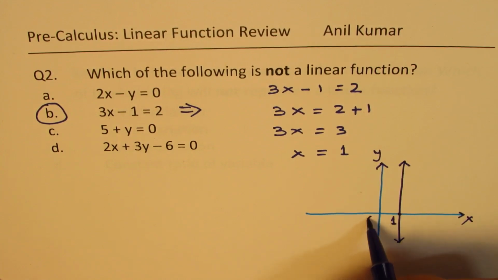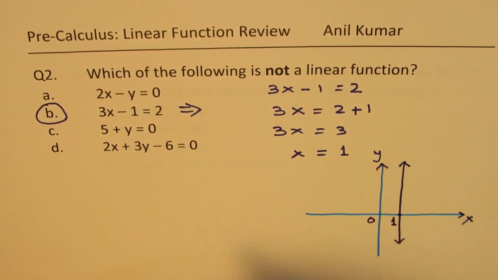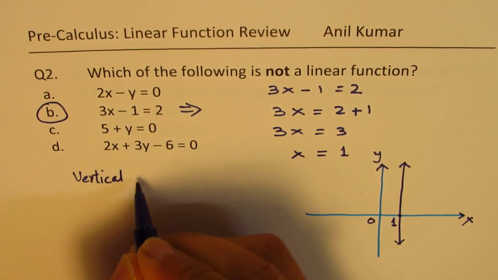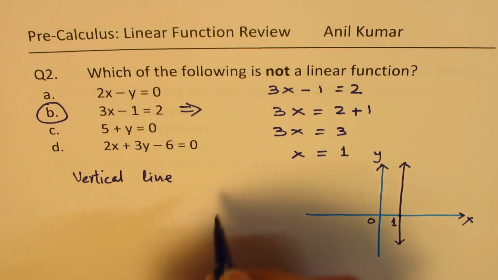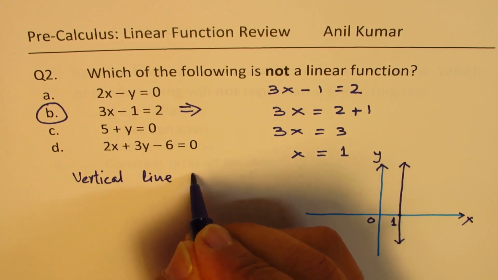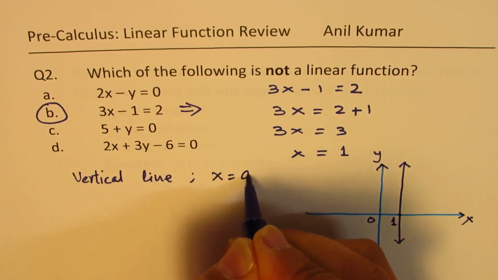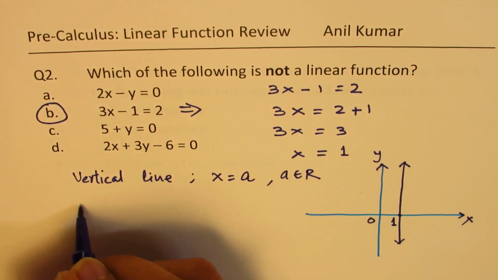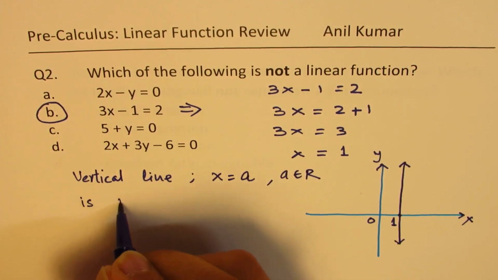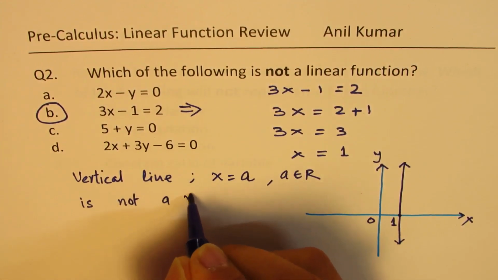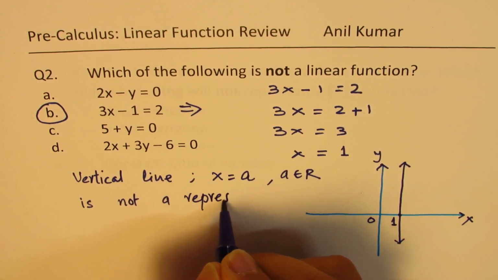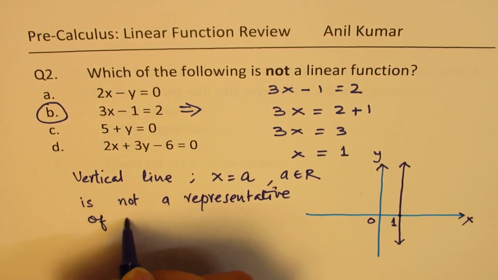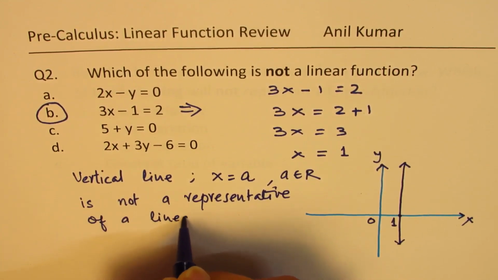So we want to really emphasize on the fact that vertical line, which is x equals a, where a belongs to real numbers, is not a representative of a linear function.